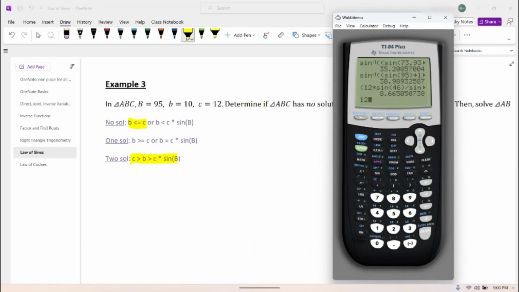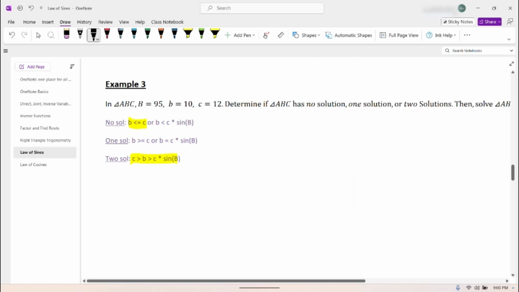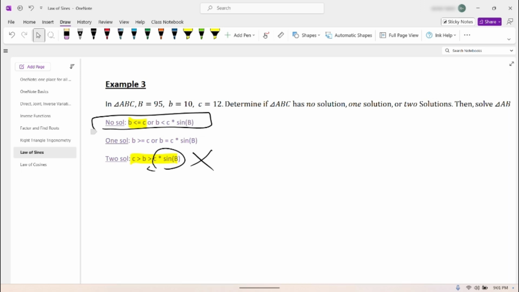So let's do 12 times sine of 95. And this is 11.95. This is greater than b. So this chunk here is greater than b, not less than b. So this doesn't help us either. So it is the no solution case. So this triangle does not have a solution.